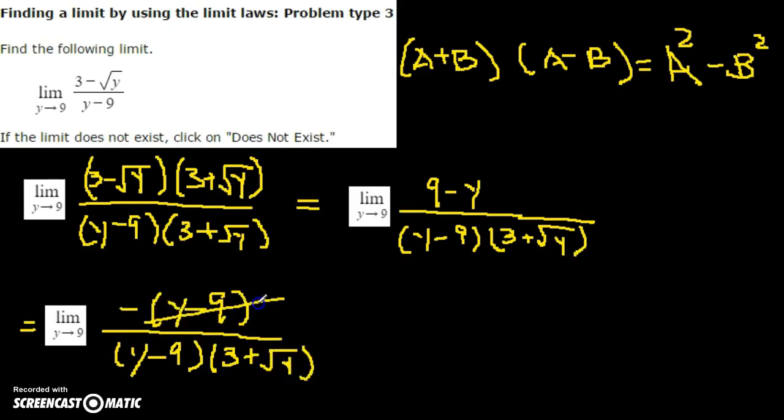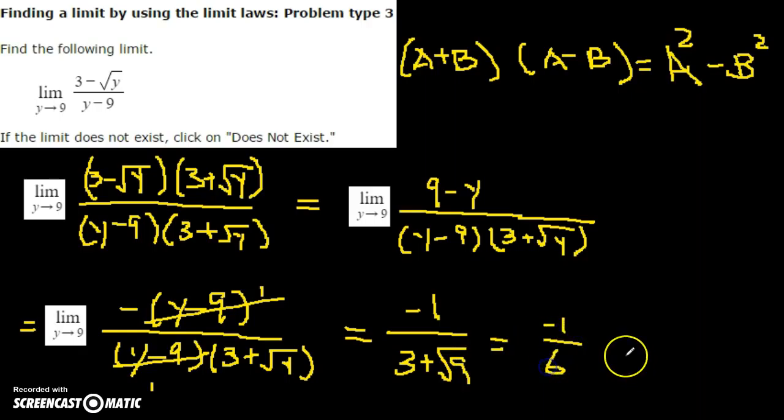So y minus 9, y minus 9 cut. And now I can substitute the 9 in here because that's not going to give me something undefined. So I'll have negative 1, and my denominator is 3 plus square root of 9, which is 3. So I'll have negative 1 over 6.